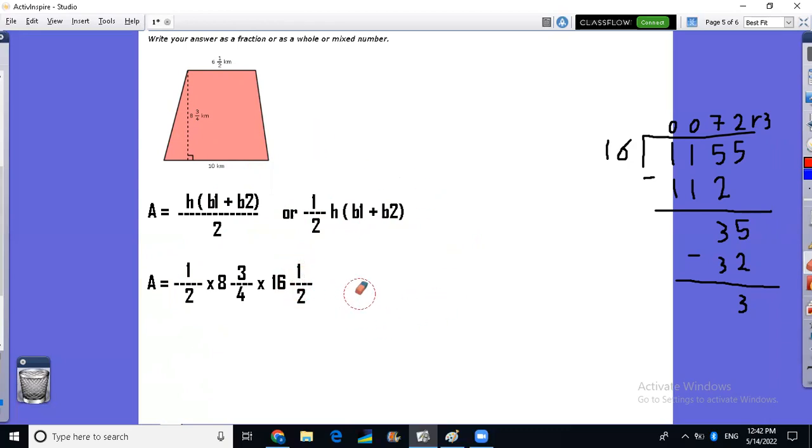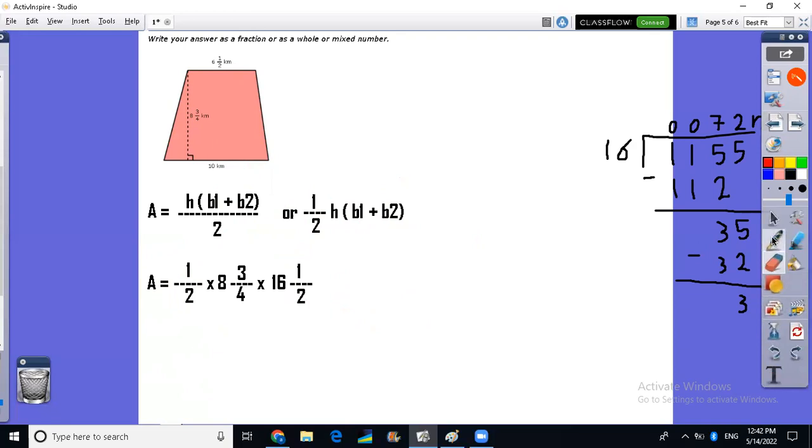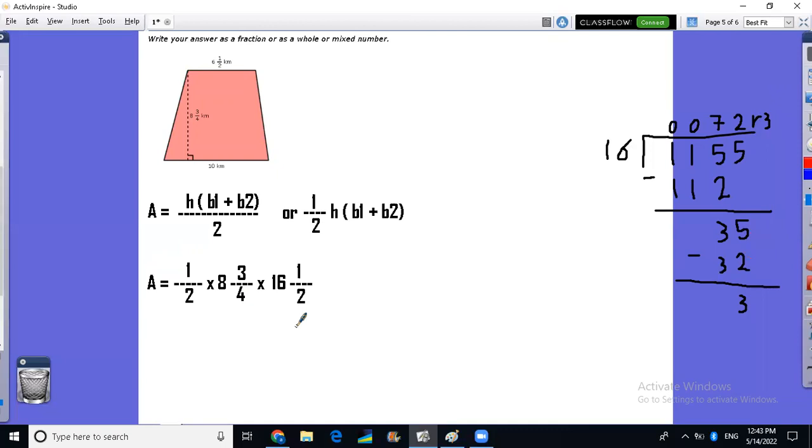Now someone might prefer to do it as multiplying fractions, and we're going to follow the steps that I'm going to show in a minute. Someone else might choose to do it as decimals. So half here is 0.5, 8 3/4 is actually 8.75, and 16.5 is 16.5.